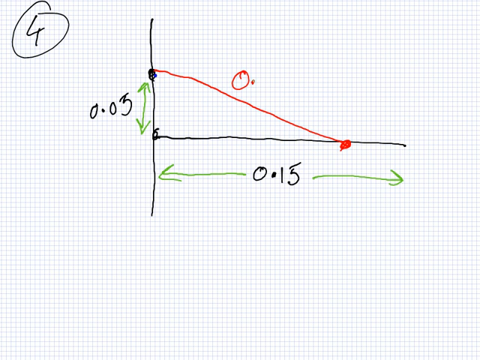So if this is 0.13 and this is 0.05, our friend Pythagoras tells us how much this piece is. What is it? 0.12.